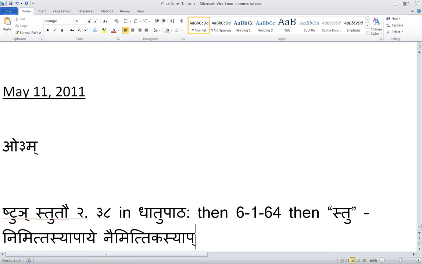When the nimittam goes, then the karyam, the naimittikam, which is whatever the nimittam caused, also goes. This takara was only coming because of shtuna shtuhu. Now when the murdanya shakara went to a danta sakara, there is no nimittam for shtuttam. So the naimittikam, which was caused by the nimittam, also goes away. It's two. Okay. Now Agnishtut.